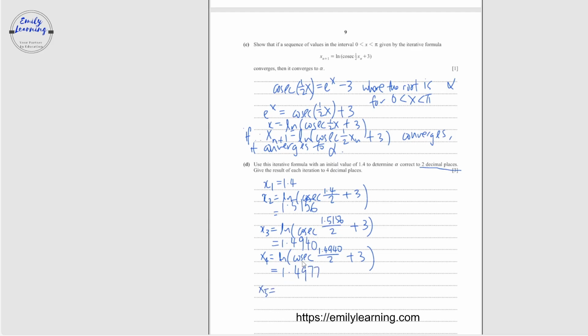Okay, let's continue. I round off to 2 decimal places. This is 1.50. This one is 1.49.